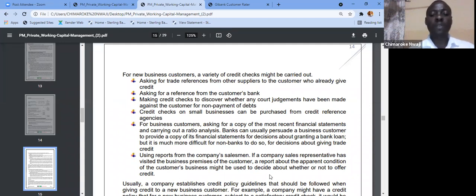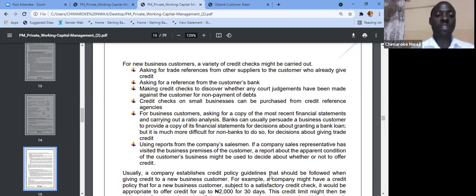And sometimes you may want to go through a credit agent to do a background check of these customers and see if it is good for you to give them credit.